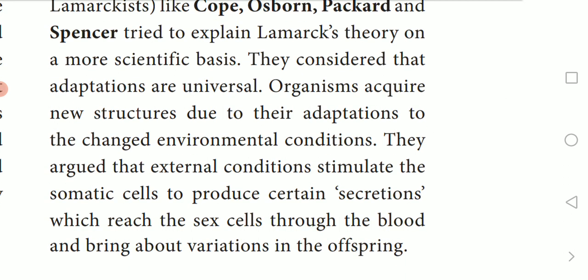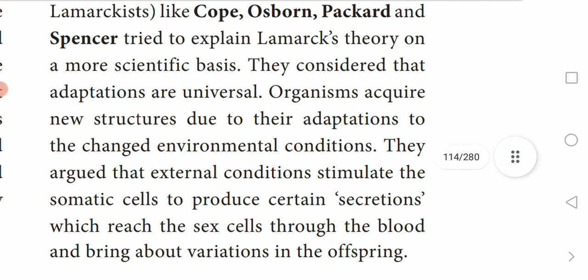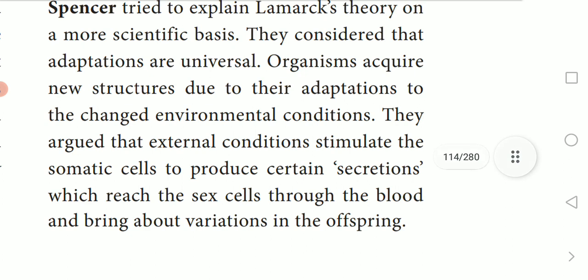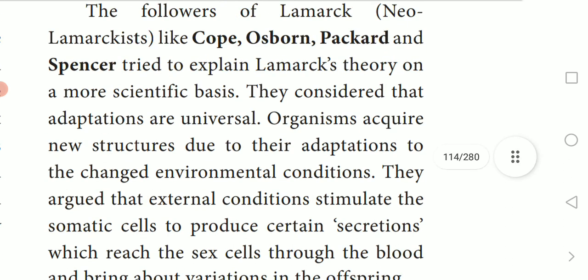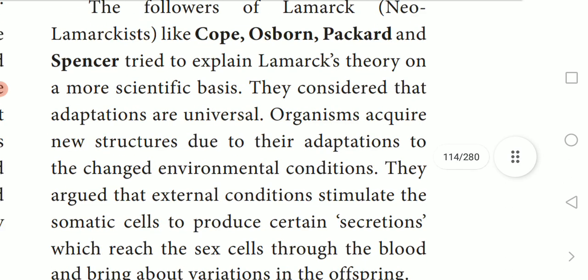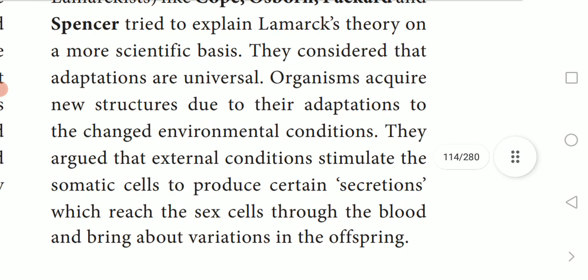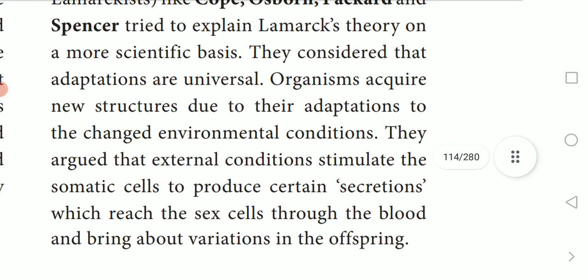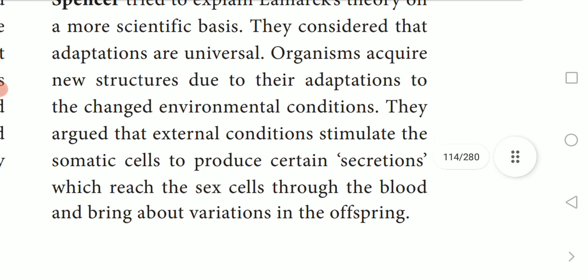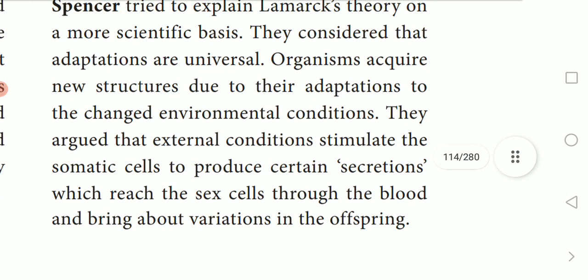The next topic is Neo-Lamarckism. The followers of Lamarck we call Neo-Lamarckians, like Cope, Osborn, Packard, and Spencer. They tried to explain Lamarck's theory on a more scientific basis.